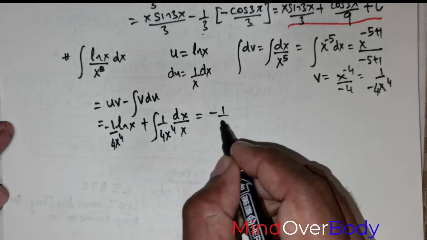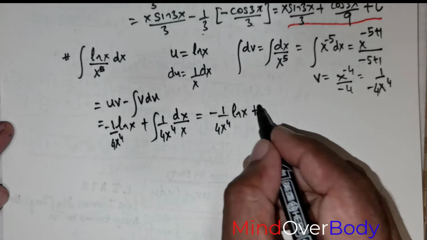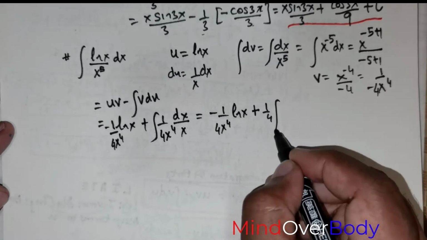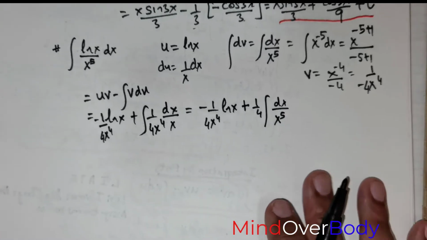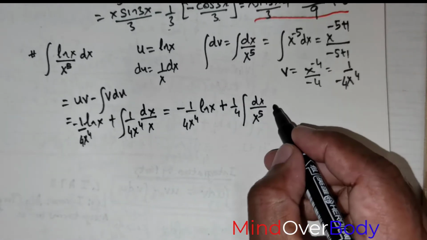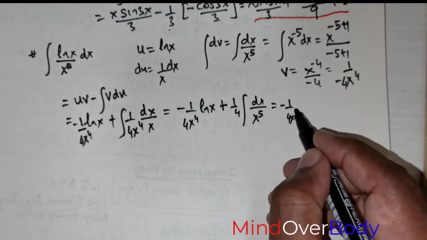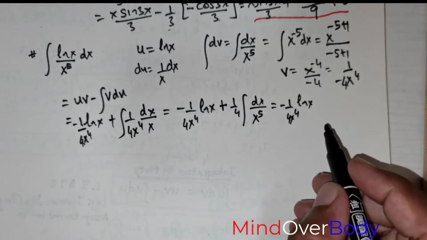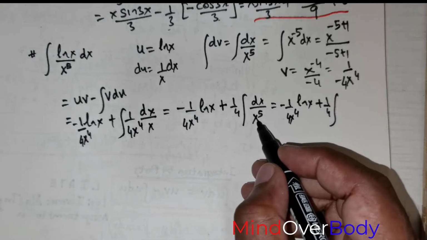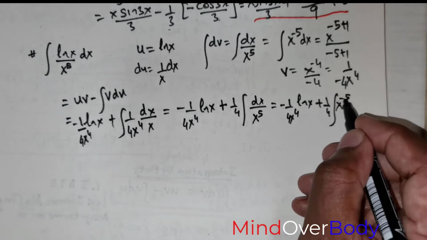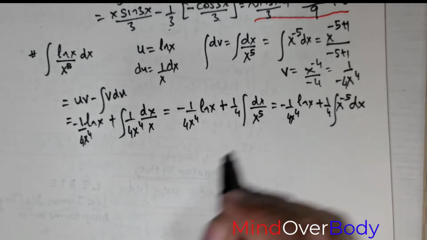There is a negative sign in front of the integral, so this will become positive. So this is going to be negative 1 over 4 times x raised to the power of 4 times ln x, plus 1 over 4 times the integral of dx over x raised to the power of 5, and this is rewritten as negative 1 over 4 times x raised to the power of 4 ln x plus 1 over 4. I'm going to push this to the numerator, so this becomes x raised to the power of negative 5 times dx.